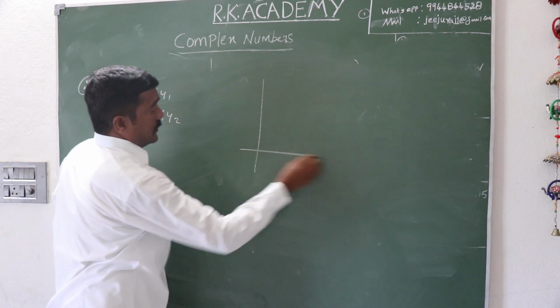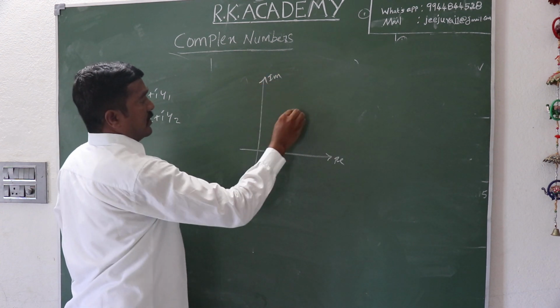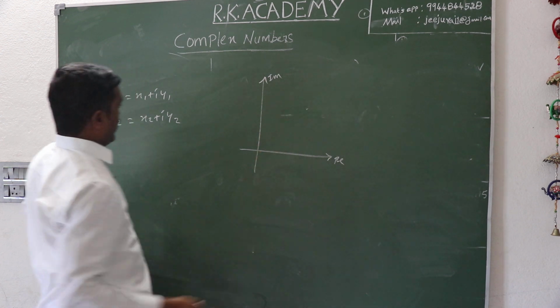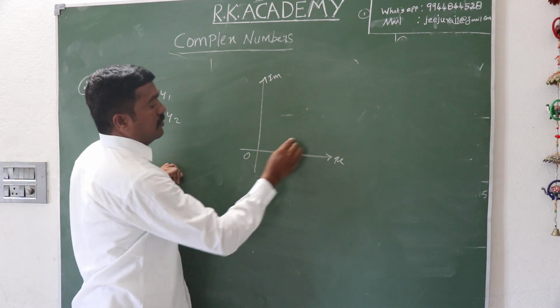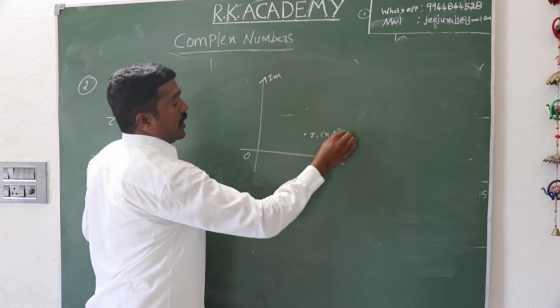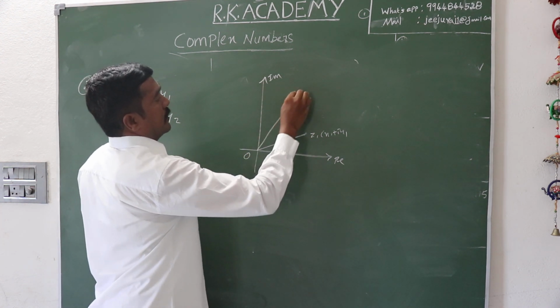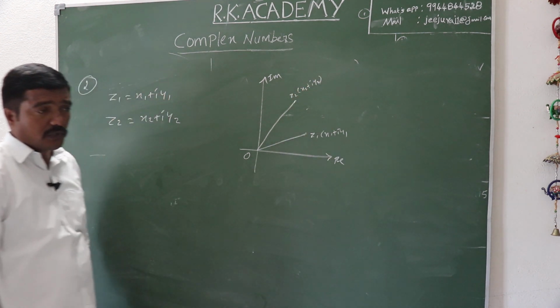Listen, we are adding the two complex numbers. It's the real axis and the imaginary axis. Here we are naming them z1 and z2. z1 is x1 plus iy1, z2 is x2 plus iy2.